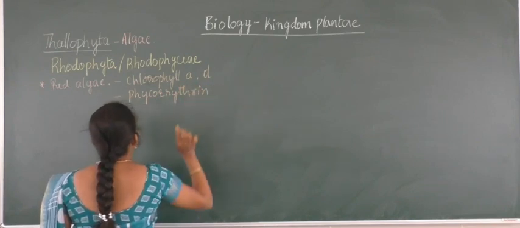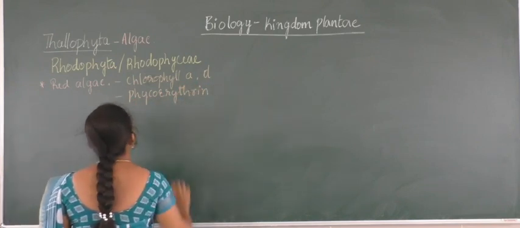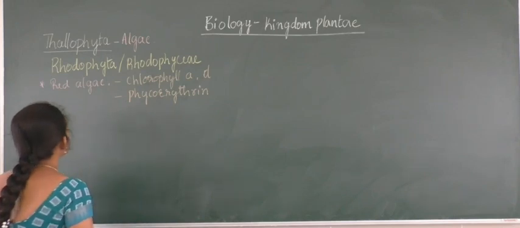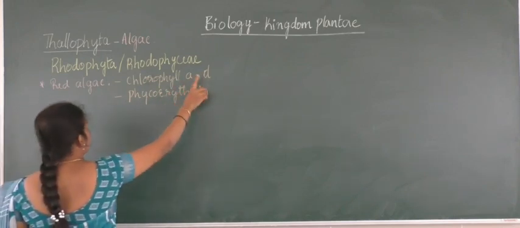Erythrin refers to red, so phycoerythrin imparts red color along with A and D.